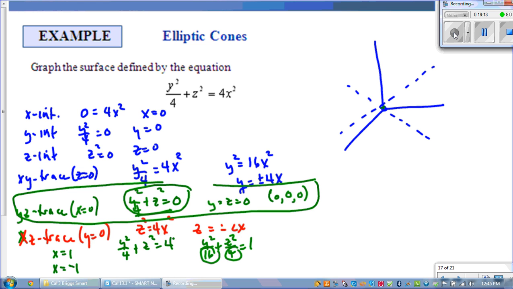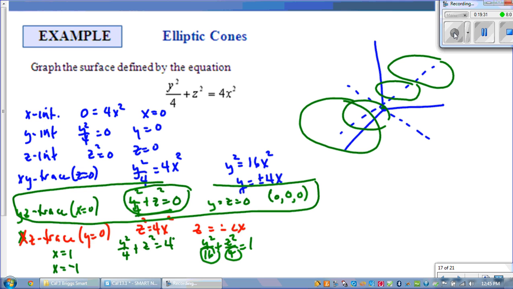So we'll have ellipses. x is getting bigger, so we're going to have ellipses coming out this direction and this direction. And likewise, if x is negative, it's going to be the same type thing. So we're going to have an ellipse this way, and we'll have an ellipse this way. Okay, so what happens is we have intersecting lines passing through here and here, or across the top ones of here and here. I didn't draw that right.